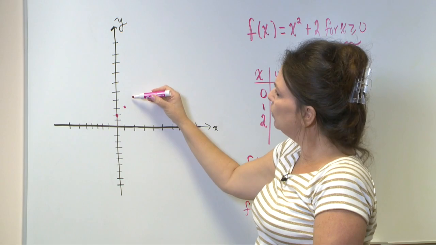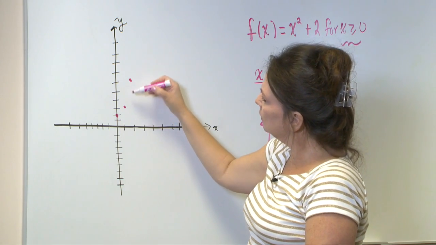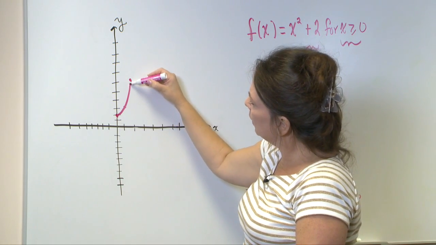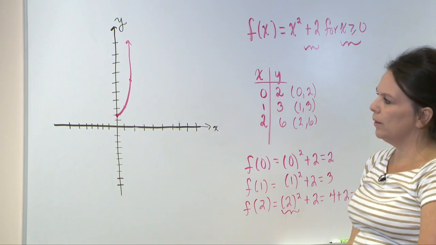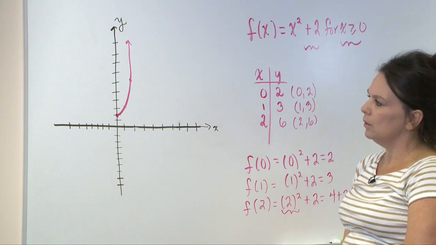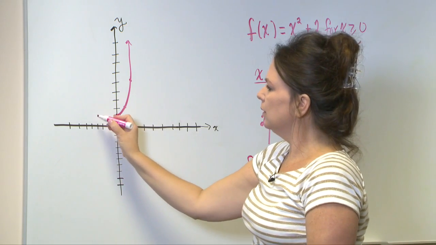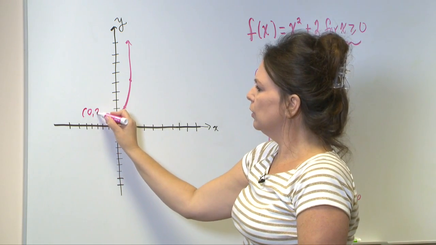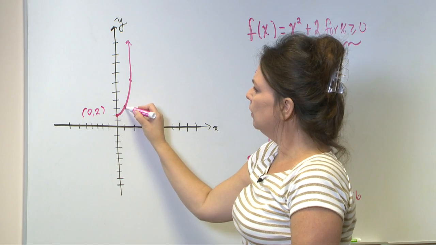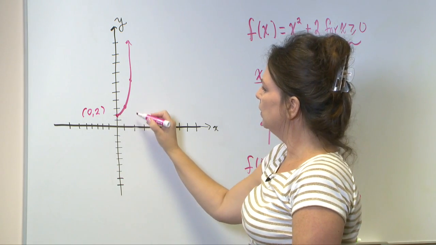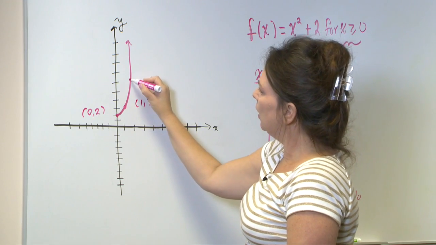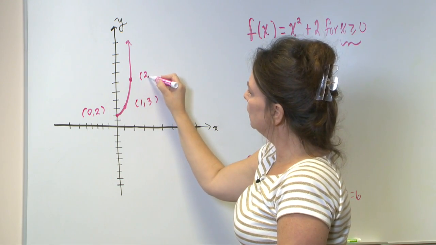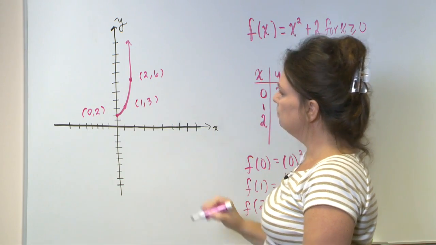So 3, 4, 5, and 6. Since we have the constraint on our x values, we have the right-hand side of a parabola whose vertex is at 0, 2. And I'll label some of these other points that we plotted. So this point was 1, 3, and this point here was 2, 6.